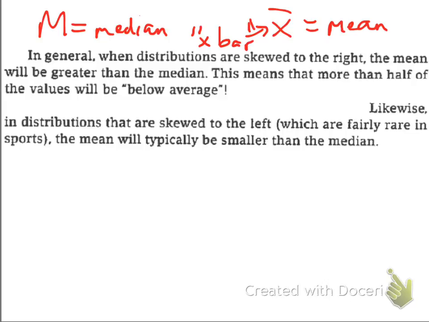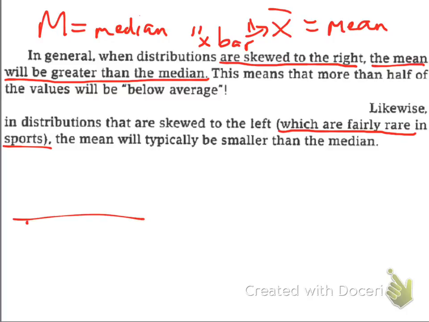In general, when distributions are skewed to the right, the mean will be greater than the median. This means that more than half of the values will be below average. Likewise, in distributions that are skewed to the left, which are fairly rare in sports, the mean will typically be smaller than the median.